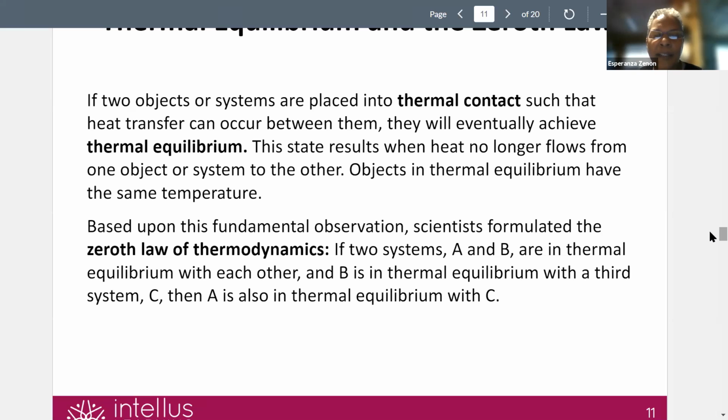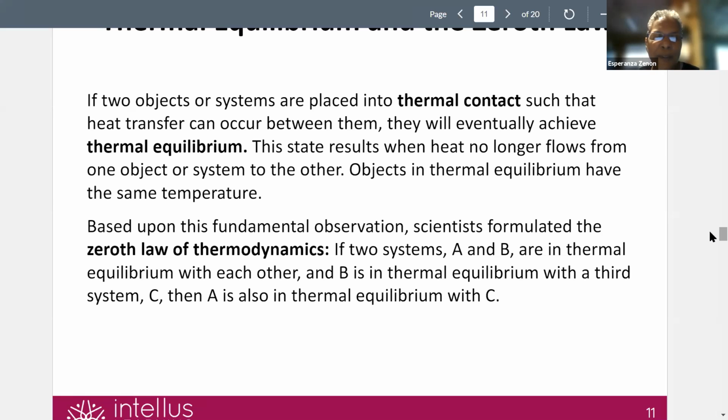Typically, they think of this: if you have water in two containers and you are able to bring those two containers in contact with each other and manipulate them in a way that the water in those two containers could mix, eventually they'll settle down and everything will be at one temperature.